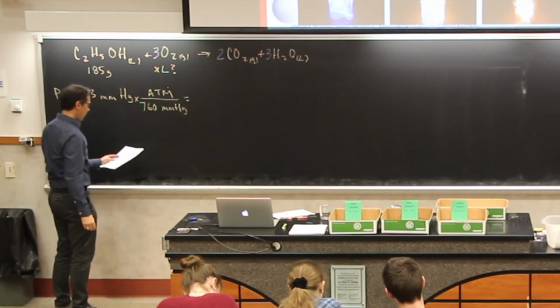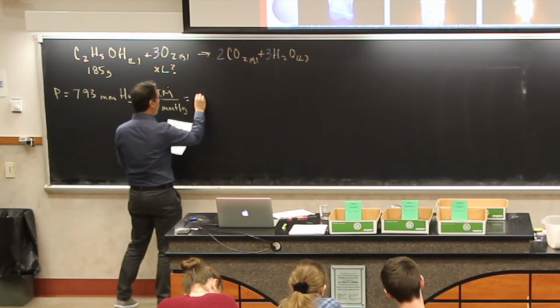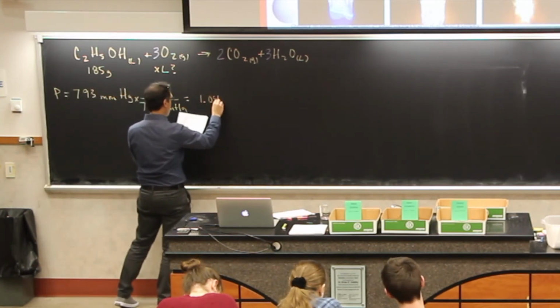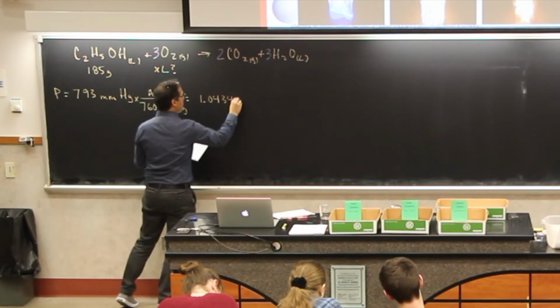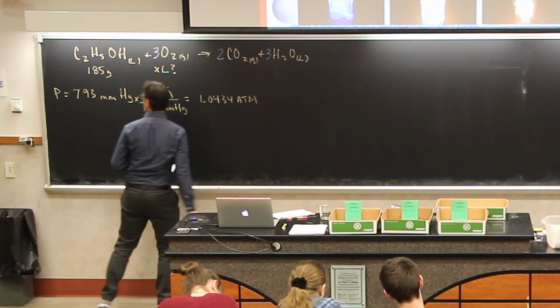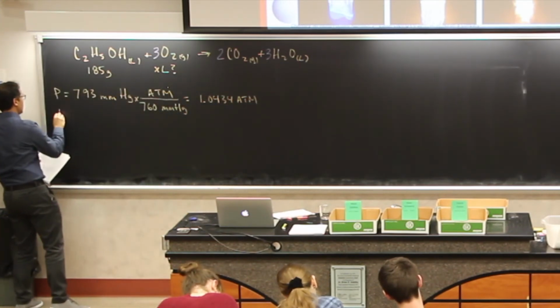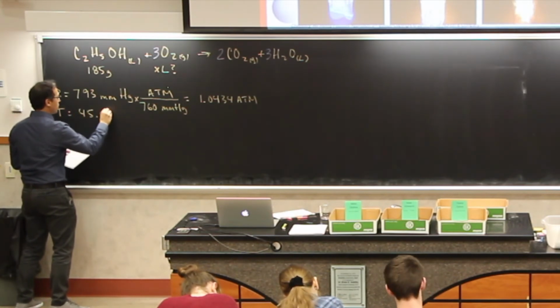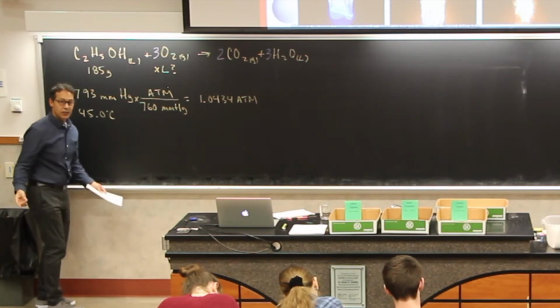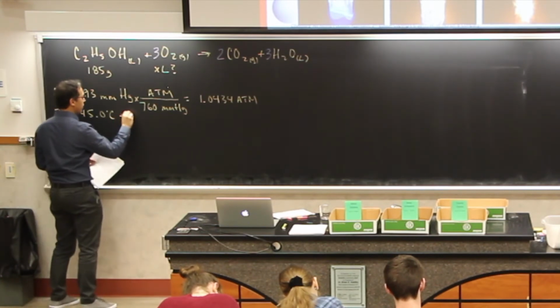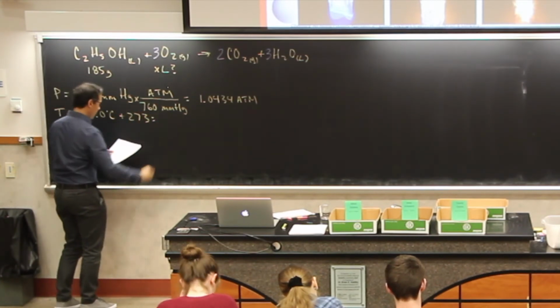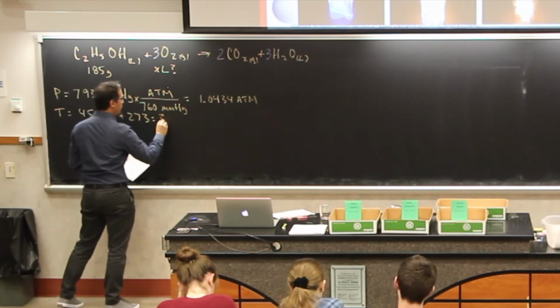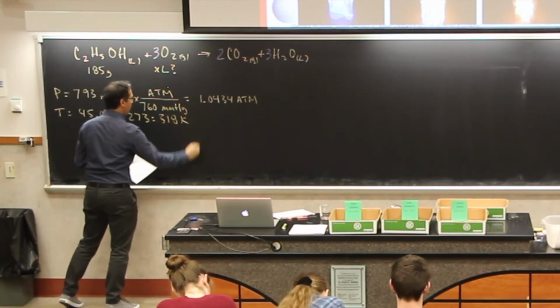So if I do the conversion on that, I came up with 1.0434 atmospheres. And then my temperature is 45 degrees Celsius. I'm going to convert that into kelvins, add 273, and that gives me 318 kelvins.